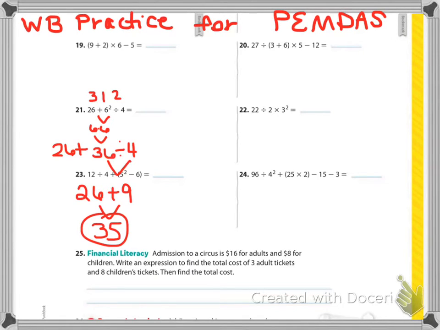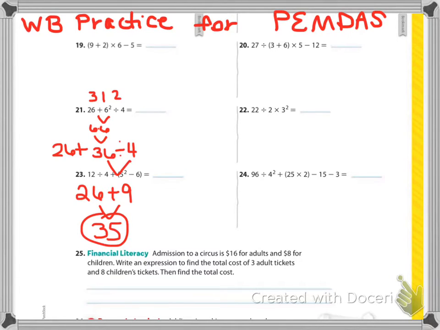Notice that I had to go for the exponents first. 6 times 6 is 36. Then I needed to do the division. So 36 divided by 4 is 9. Last is the addition, and 26 plus 9 is 35.